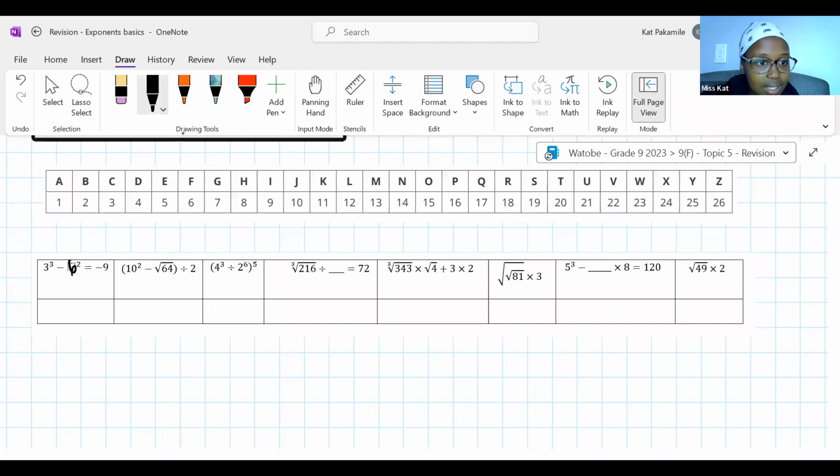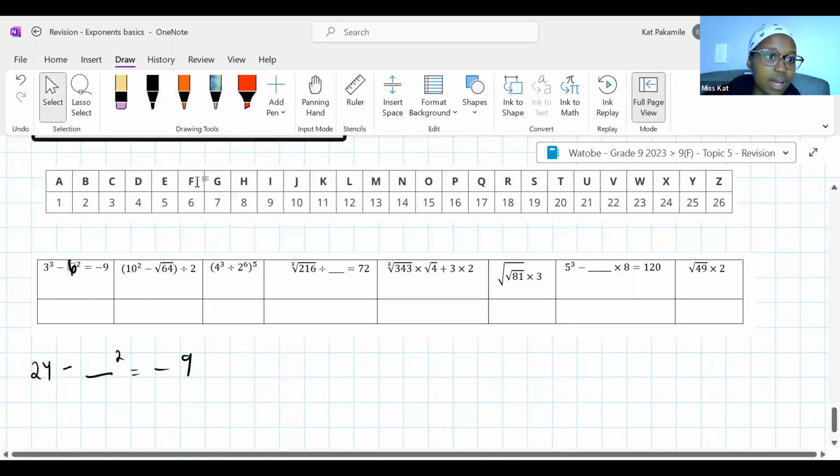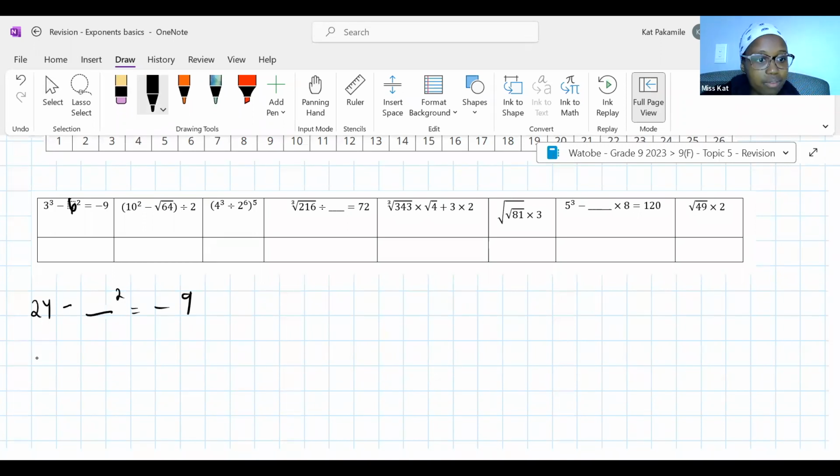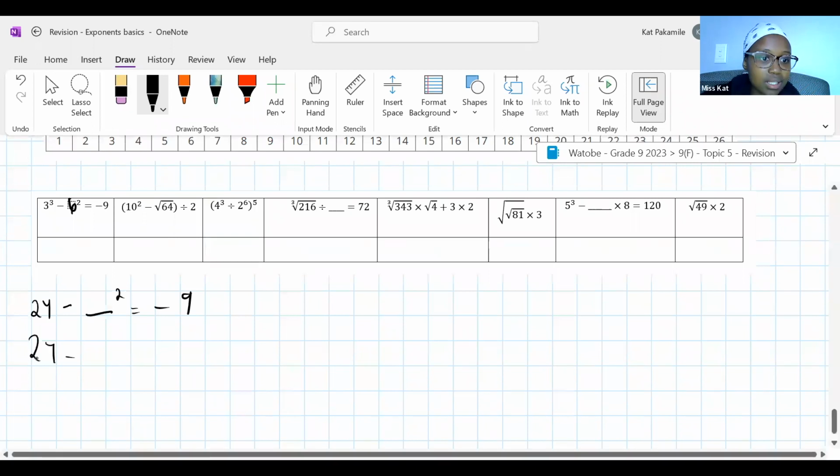Let's talk about what Mpho did there. He said 3 cubed is 27 minus something squared has to give us -9. So in order to go from 27 to -9, you have to subtract 36, right? You would have to say 27 minus 36, and that will give you -9.